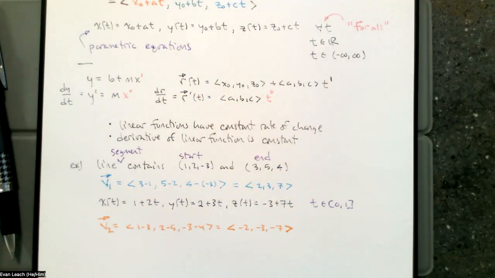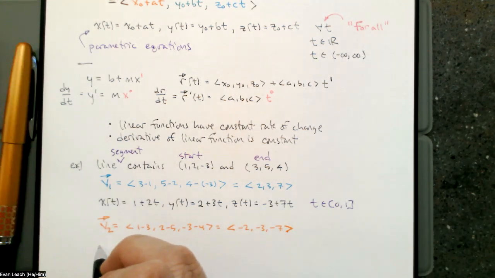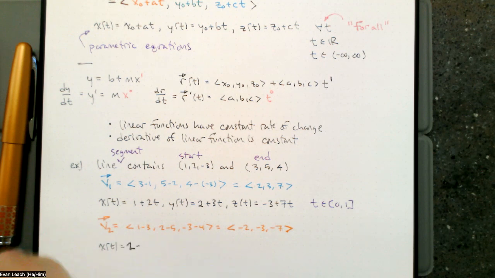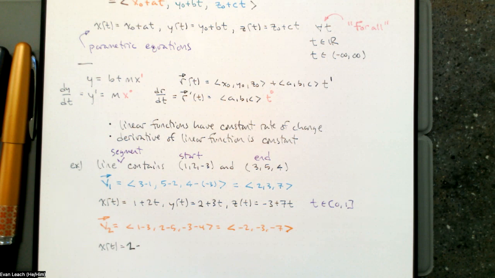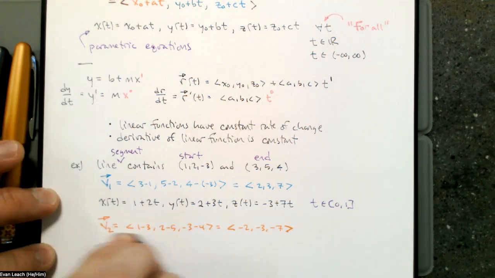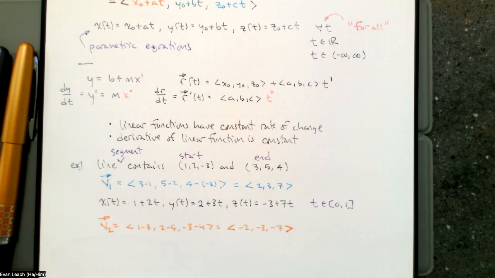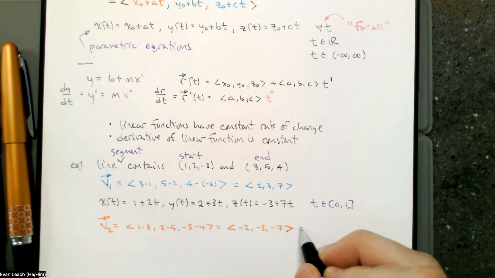It's okay, we're just describing the line going in the other direction. Same line. This is just the opposite direction of our original direction vector.